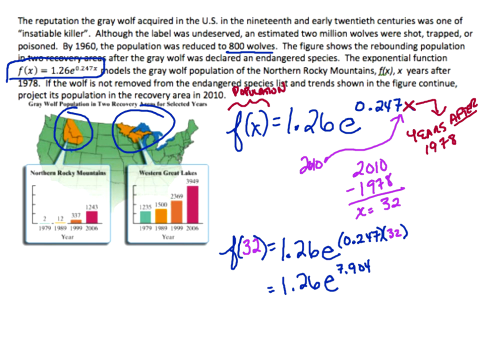Let me figure out how to use this one. Okay, so e to the 7.904. I'm going to pause and figure this out real quick so you're not having to listen to me figure it out on this calculator.